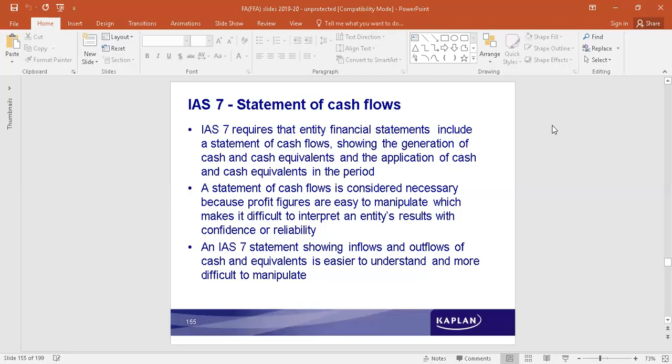So they do not depict the cash position of the organization. So how many transactions were on cash basis, or what is the amount of cash flow on account of any transaction that happened during a period, is not possible to be known from these two statements because they are on accrual basis.